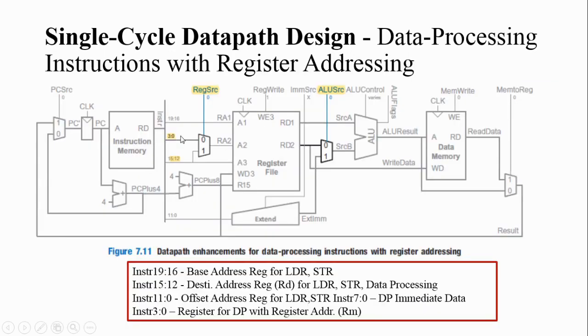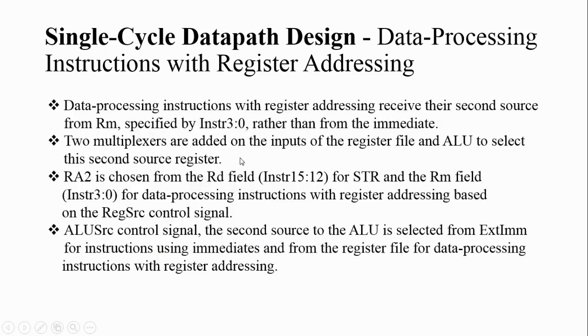So you can see here 0 to 3 should be connected to RD. RD1 will be getting the first operand output. From RD2 you should get the second operand output. So for getting the RD2 second operand, you are incorporating one more multiplexer here. Previously the destination register bit number 12 to 15 you were connecting to A3 and A2 directly.